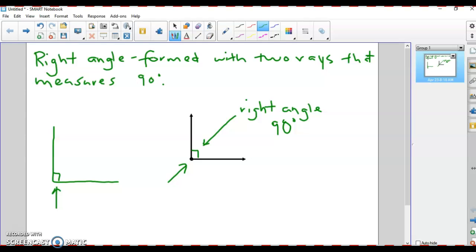If you take a piece of notebook paper and you measure it up to the angle that you're measuring, if that edge of your notebook paper fits perfectly inside of that angle, you know it's a right angle because those two rays are forming 90 degrees.